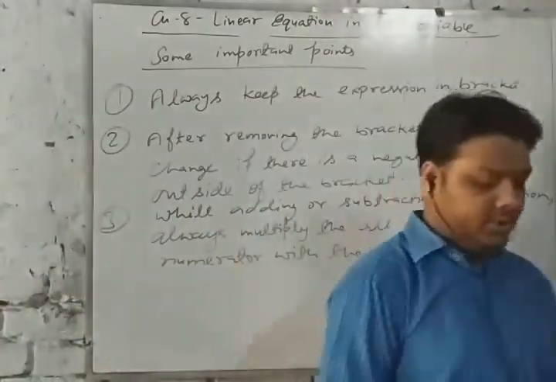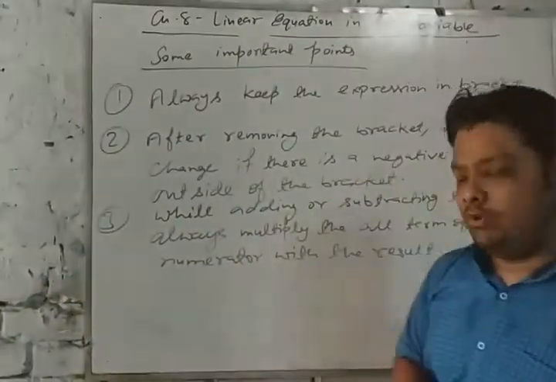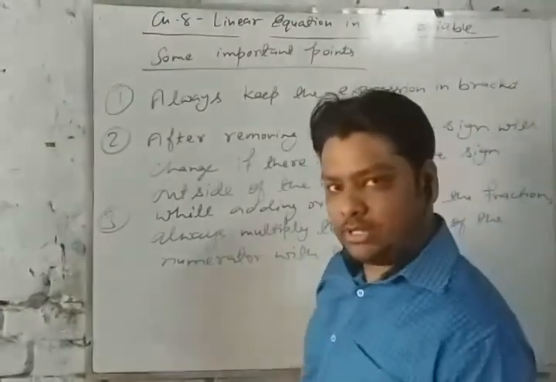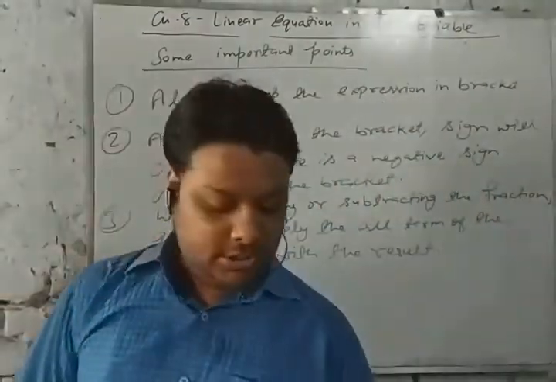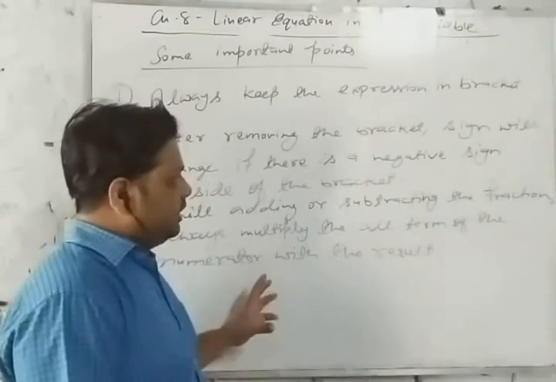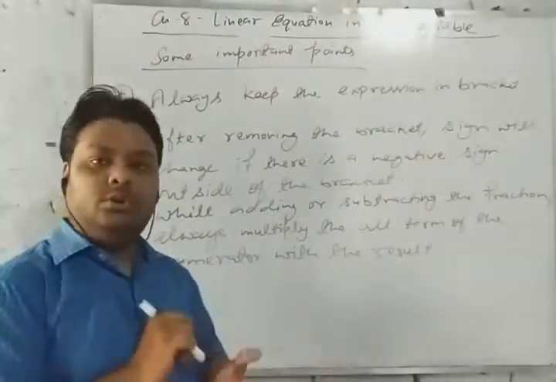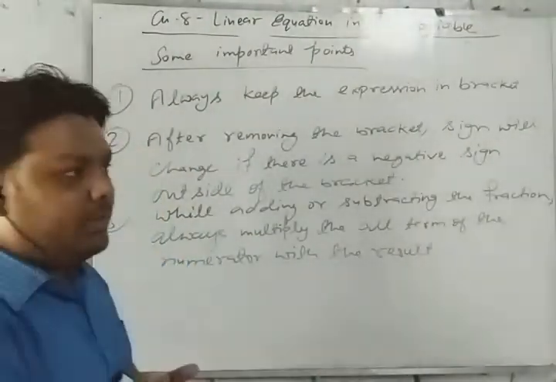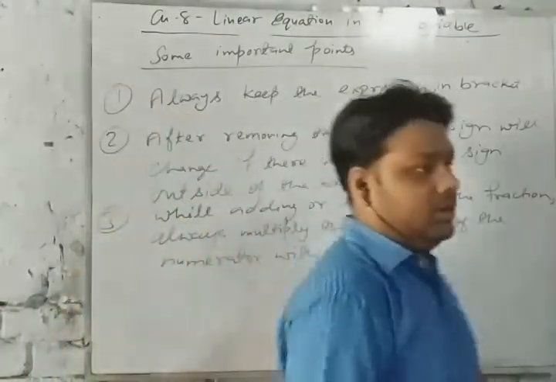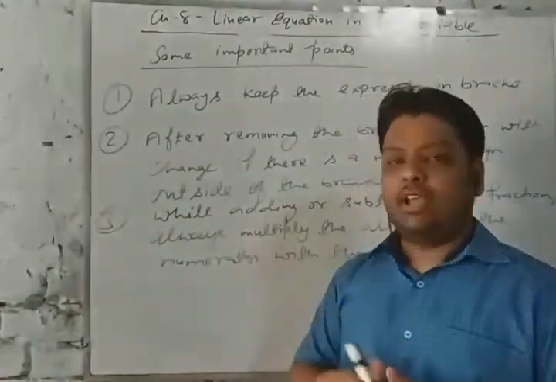We have to take precautions while solving any equation by using transposition method and cross multiplication method. Means the conclusion is that always use bracket. If you are using bracket, then you will see that there is negative sign outside or not.